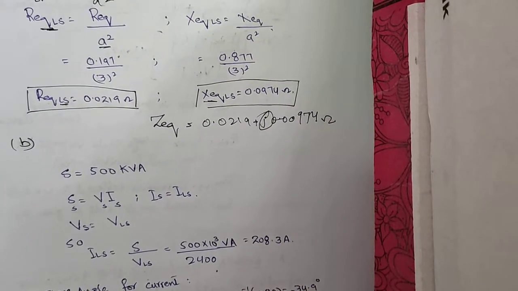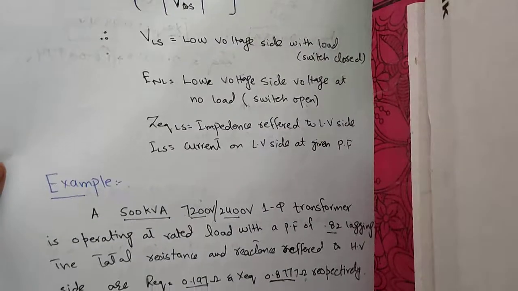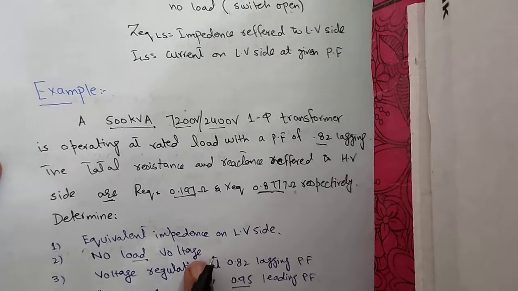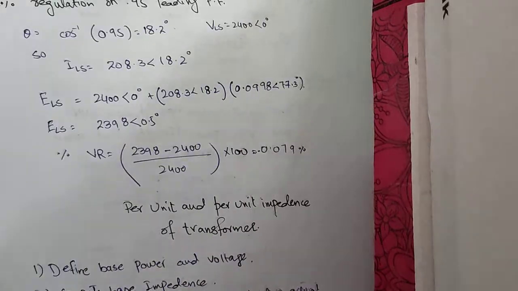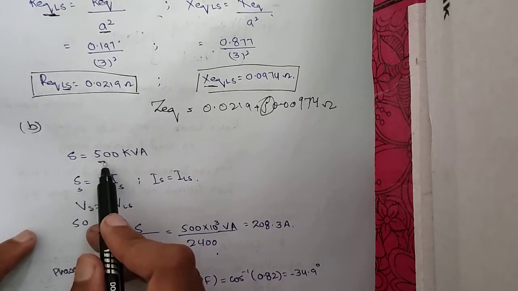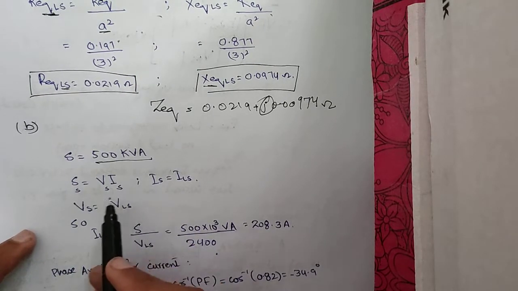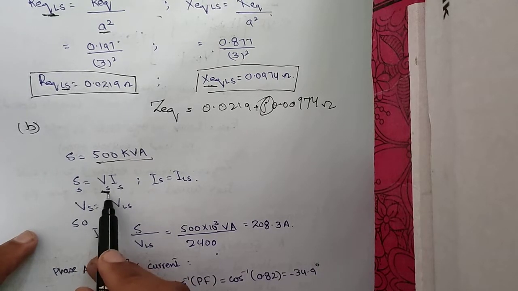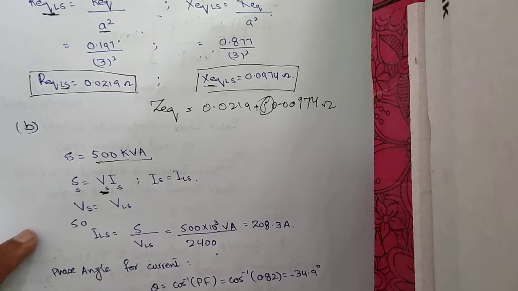Now in the second part we have to find the no load voltages. For finding no load voltages, we have been given the transformer rating as well as the secondary voltages and primary voltages.